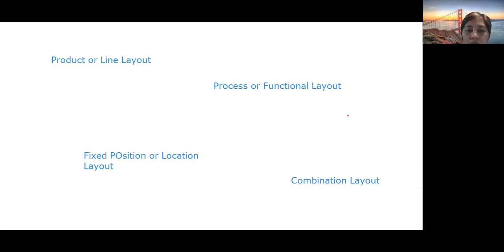So in a product or line layout, machines and equipment are arranged in one line depending upon the sequence of operation. When we speak of operation, this is how something is done, with the use of the different tools and machineries required in making a product.